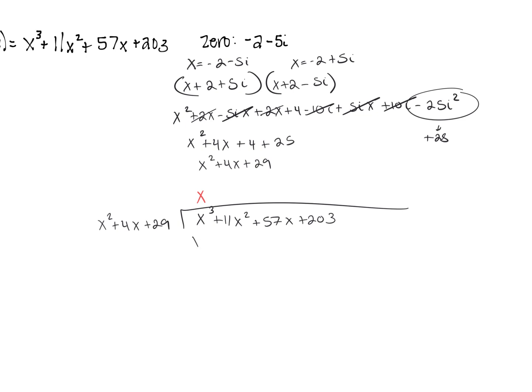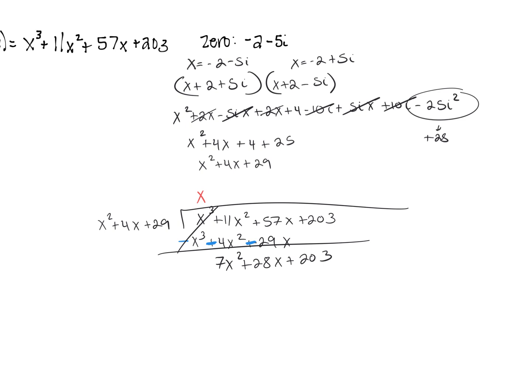That's going to be x cubed plus 4x squared plus 29x. Again, remember, we're subtracting, so this is going to become minus, this is going to become minus, and this one's going to become minus. The x cubes cancel, and I'm left with 7x squared plus 28x, and then plus 203.